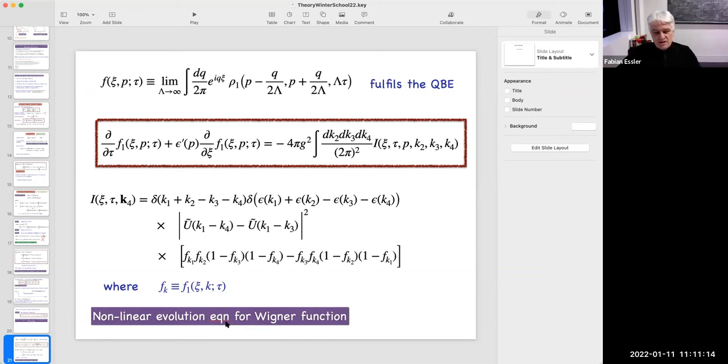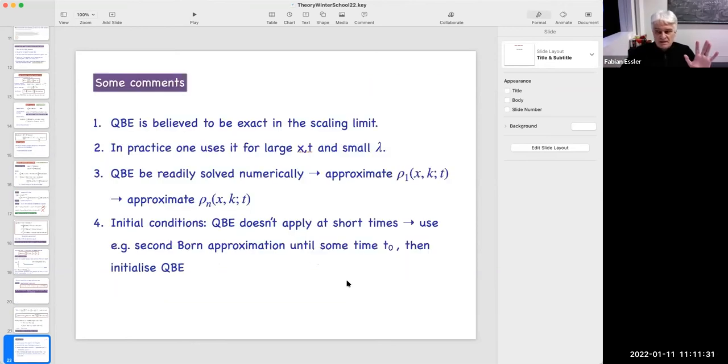So this is a nonlinear evolution equation for the Wigner function. It's much simpler than what we had before, because there's no time integration anymore involved. So this is the quantum Boltzmann equation, and I want to make some comments.